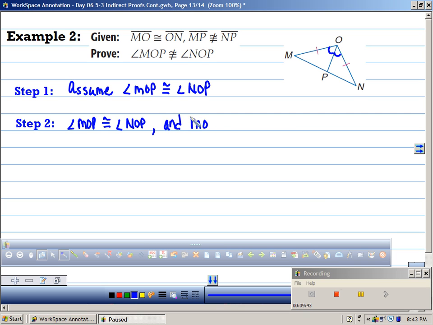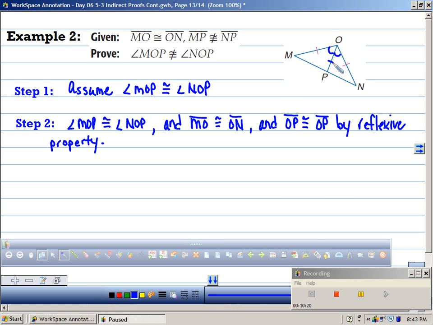And MO is congruent with ON. And OP is congruent with OP by reflexive property. I just showed that this is also congruent.